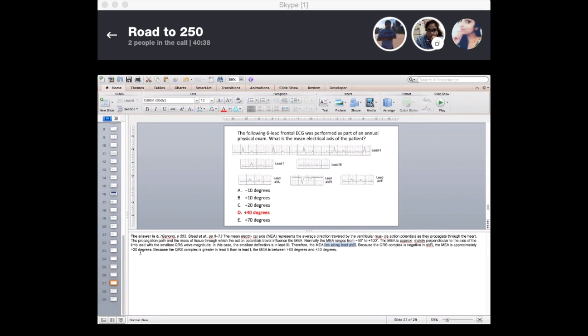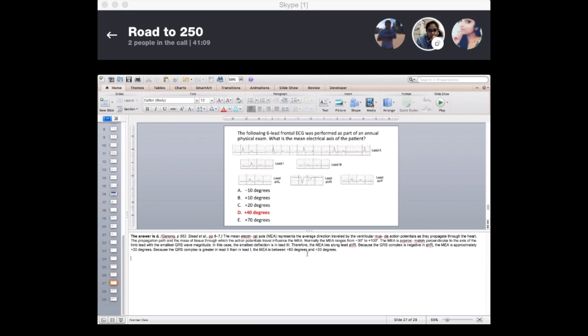Yeah, that's what I was looking at. Because aVR would be negative, together it's positive 30. Because the QRS complex is greater in lead 2 than lead 1, the electrical axis is between plus 60 and plus 30.